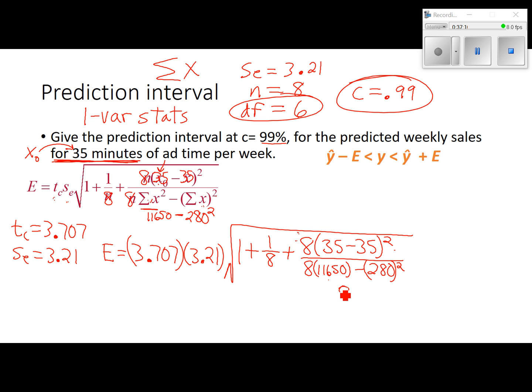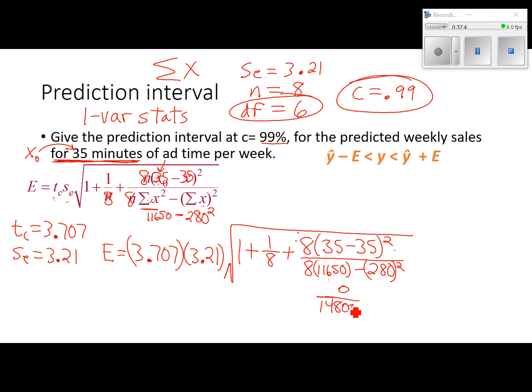So I got 0 on top here, and on the bottom, if I punch all that in just like it is, 8 times, and you could even put in parentheses and not put in the times, 11,650 minus 280 squared, and I get 14,800 on the bottom. Then I would divide those two, which in this case is going to come up to be 0.